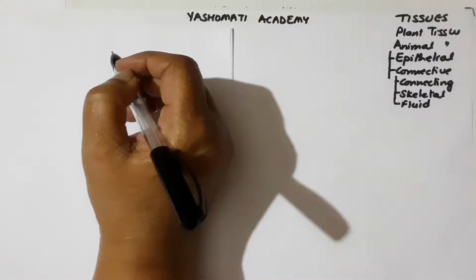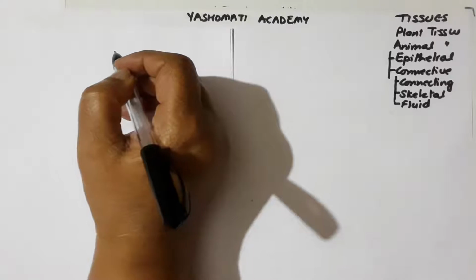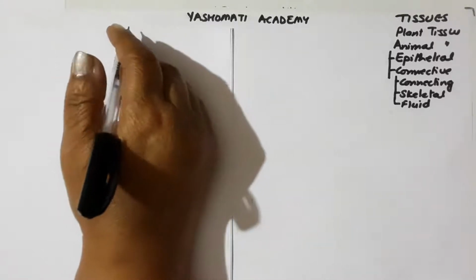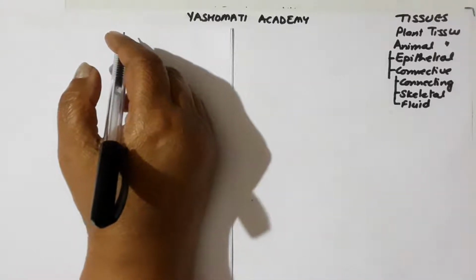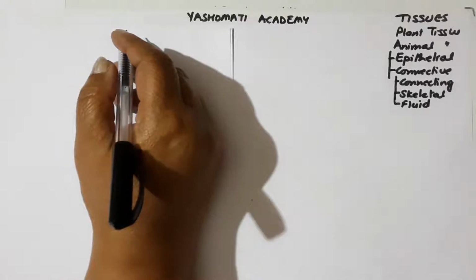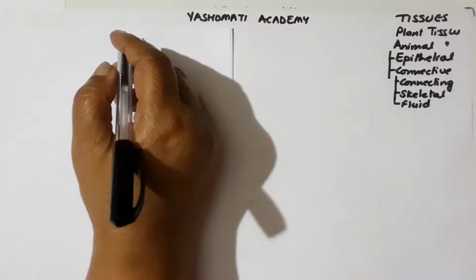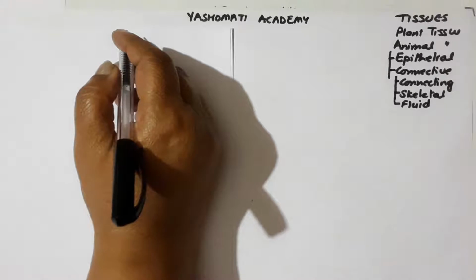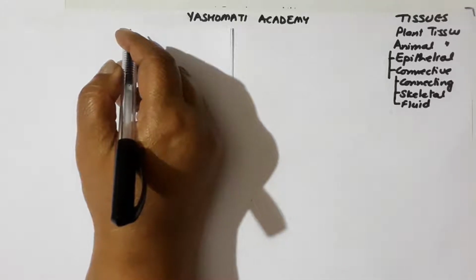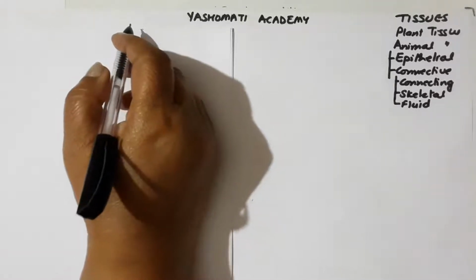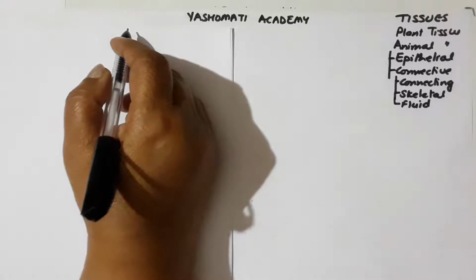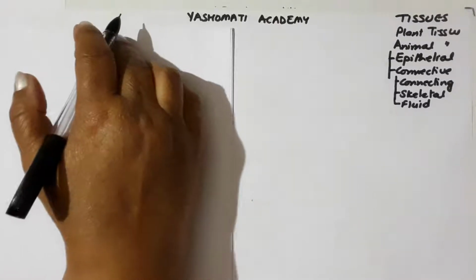These materials may be useful materials like food and oxygen, or waste material like excretory products or carbon dioxide, which need to be transported from the organ where they are produced or required to the place from where they can be excreted or obtained. So fluid tissue helps in taking material from one place to another.